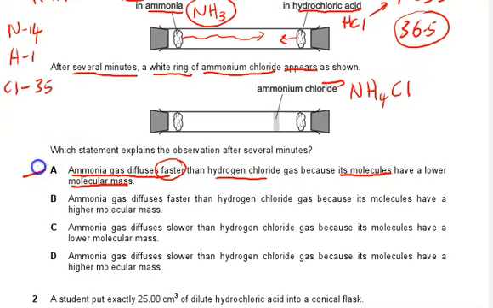This is the most likely answer, but we have to look at the other options. Diffusing faster for the heavier gas is wrong, because when it is heavy, it is slower in its movement. Ammonia diffusing slower is also wrong. Both of these are wrong, so your best answer here will be A.